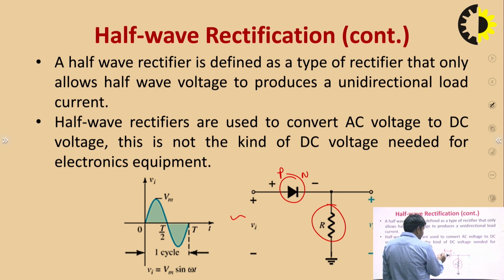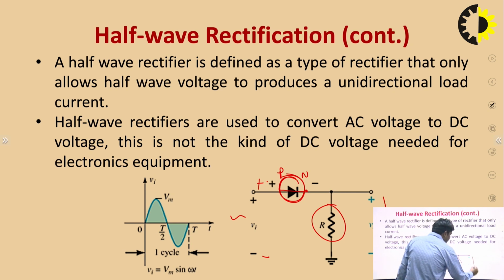During the positive half cycle, this potential is plus and this is minus. Then the diode works as forward biased. If the diode is ideal, it behaves like a short circuit, so it allows that signal and we take this signal to the load.